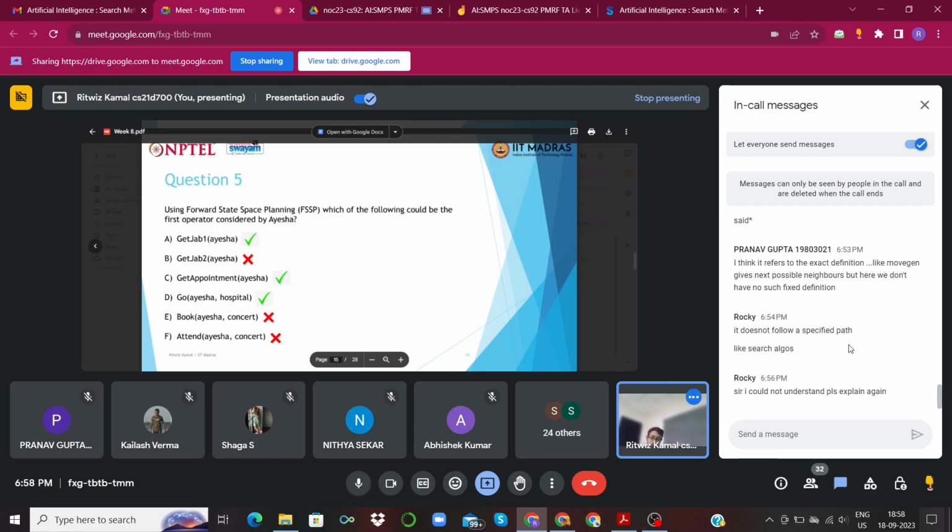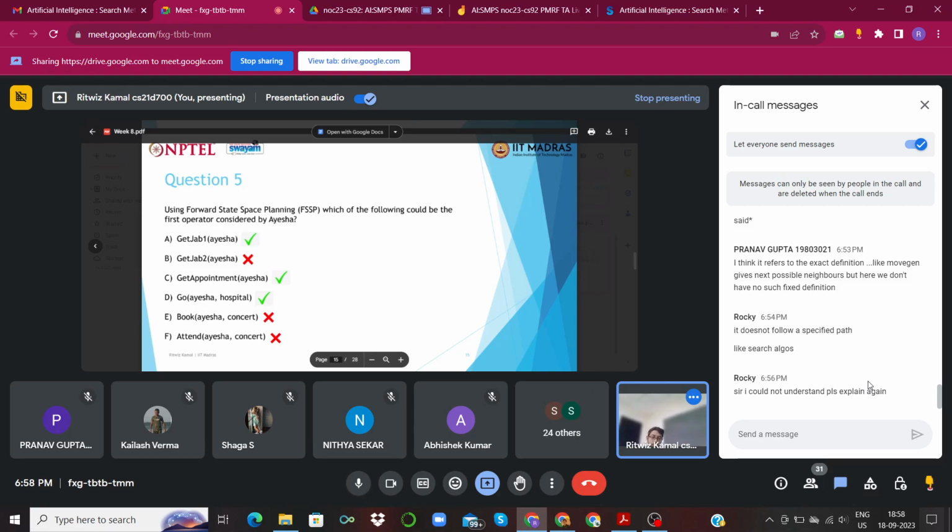We can consider some subset of those facts as well. We then ask what are the different operators whose preconditions are satisfied by the presence of those facts or combinations of facts in our initial state. And as per that, we see that there are three operators whose preconditions are satisfied: get jab 1, get appointment, and go.